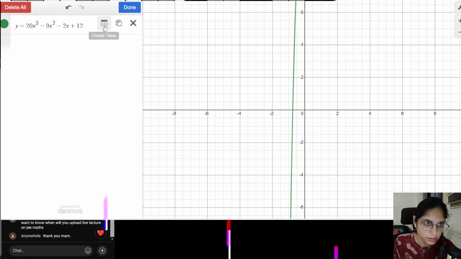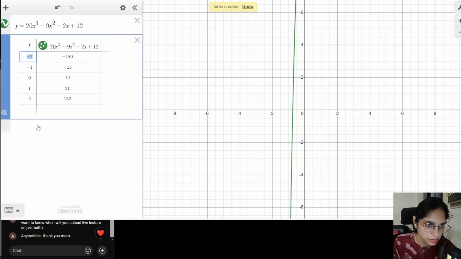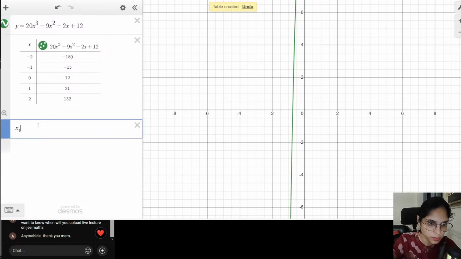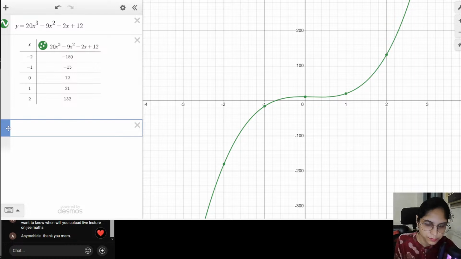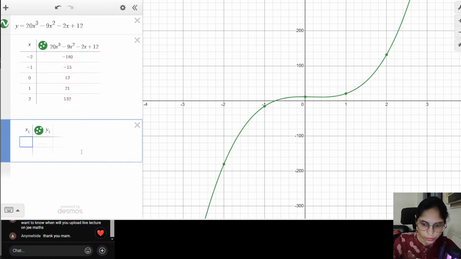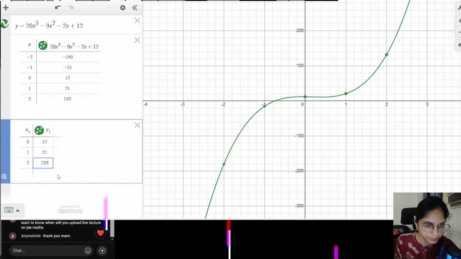Now you go here, create table. In the third one, you create a table and write these values. You can use 0, 1, 2. 0 is 12, 1 is 21, 2 is 132.